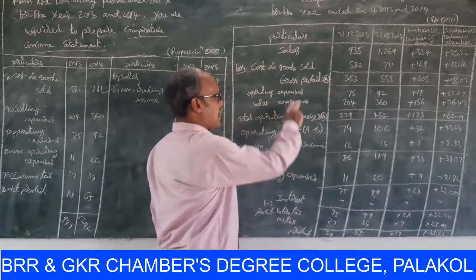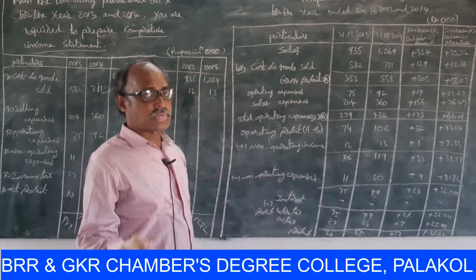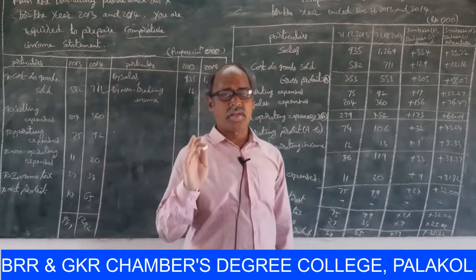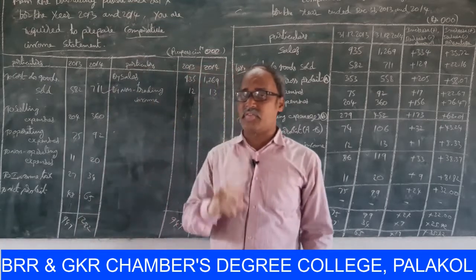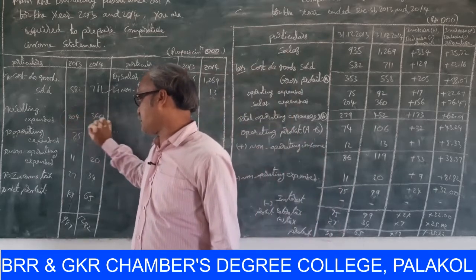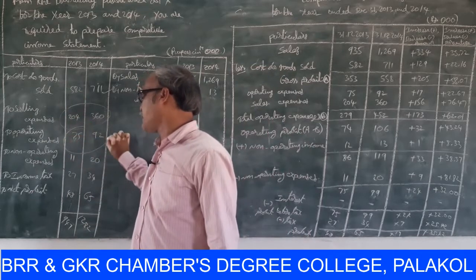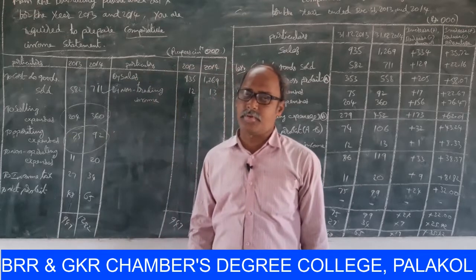Next, gross profit minus operating expenses. In this problem, two operating expenses are available. First is sales expenses, one of the operating expenditures. Second is operating expenses, also an operating expense of X Limited company.